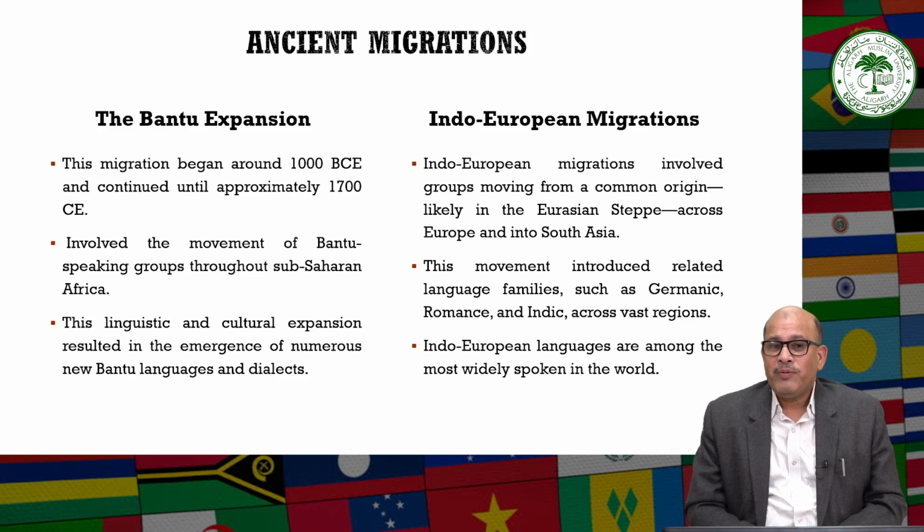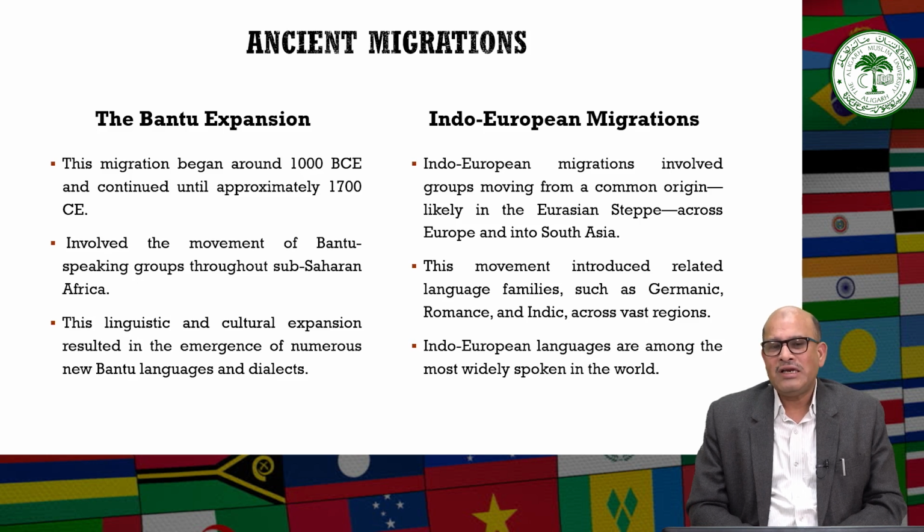Then Indo-European migrants. It is very important to understand that another significant example of ancient migration is the spread of Indo-European languages. These migrations, which began thousands of years ago, involved groups moving from a common origin, likely in the Eurasian steppe, across Europe and into South Asia.